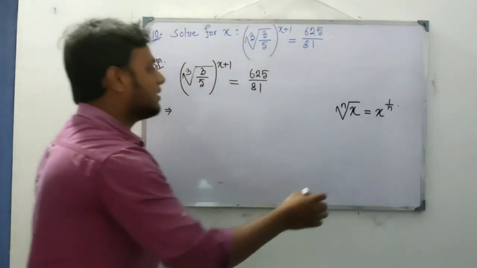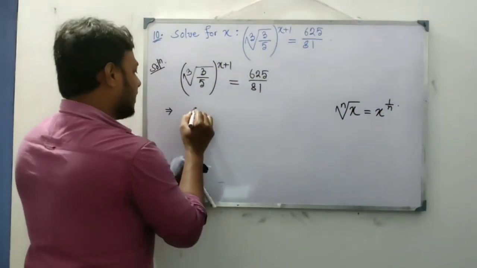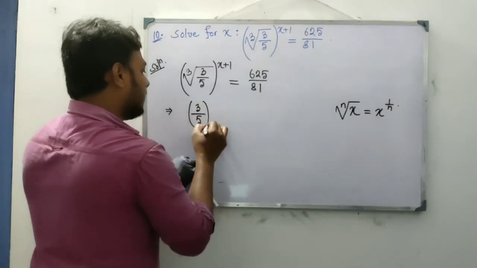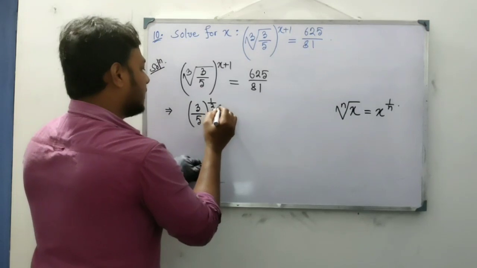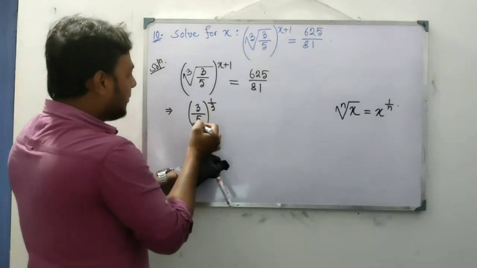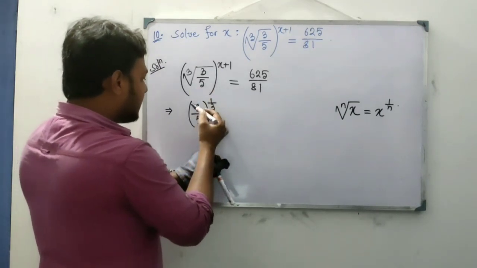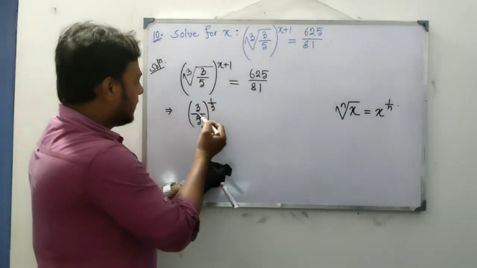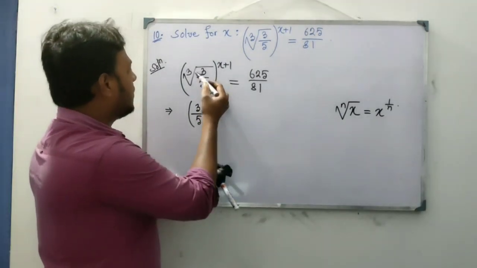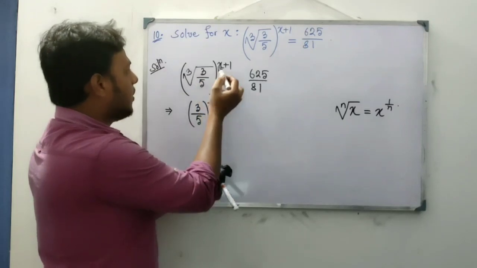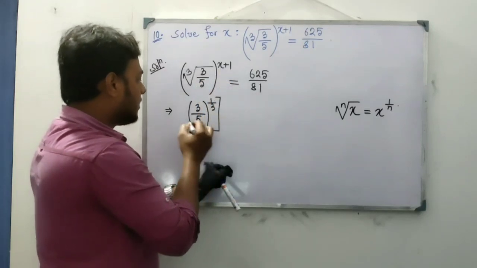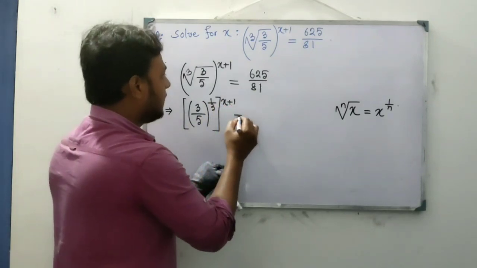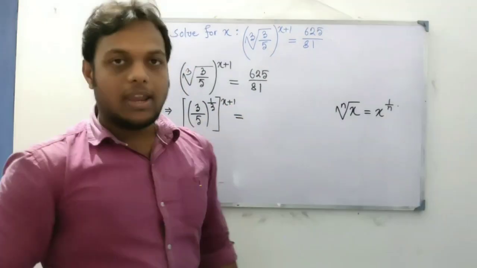So if we use this law, this can be written as (3/5) to the power 1/3. We can write (3/5) to the power 1/3 as the replacement of the cube root of 3/5, whole to the power x+1 as was there. After that, 625/81.